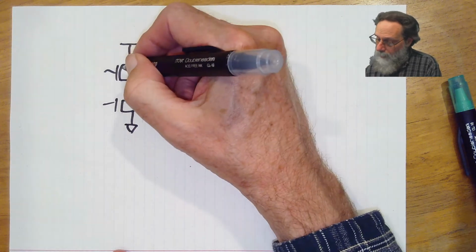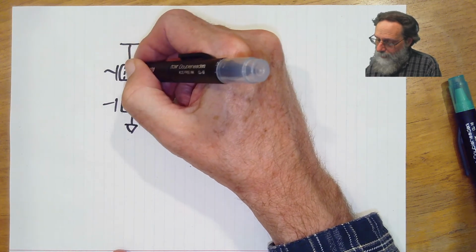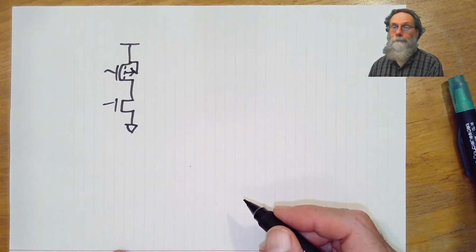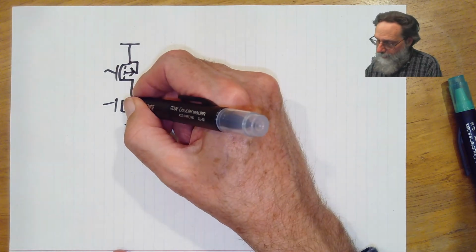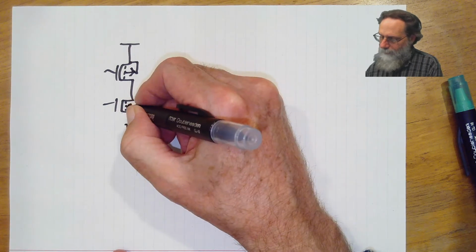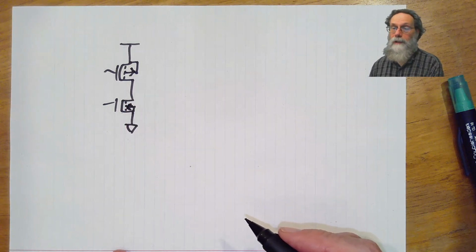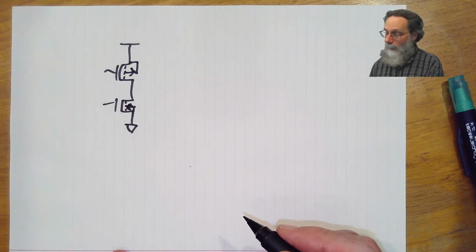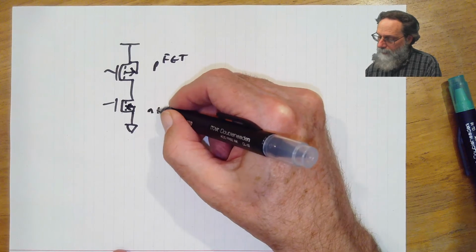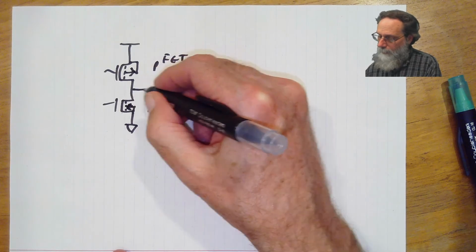The transistor on the top, connected to the positive power supply, is a PFET. And the transistor on the bottom, connected to the negative power supply, or ground in our case since we're using a single power supply, is an MOSFET. So we have PFET up here, MOSFET down here.